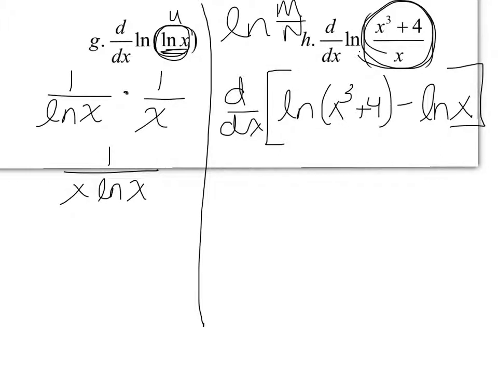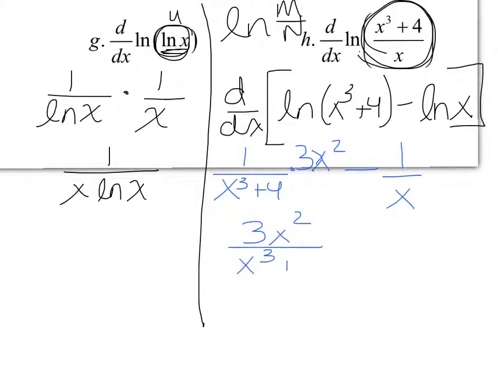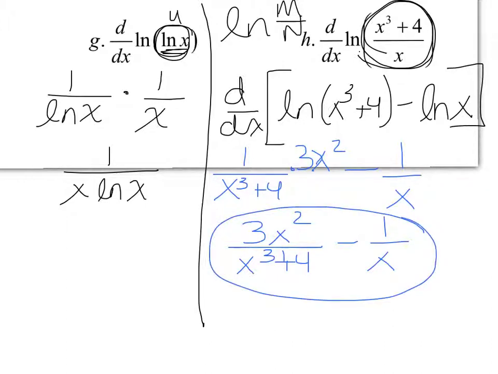So taking that derivative, I will get 1 over x cubed plus 4 times 3x squared minus 1 over x. So my final answer there is 3x squared over x cubed plus 4 minus 1 over x. As we progress, we can put this under one fraction, but for today's lesson I won't make you do that.